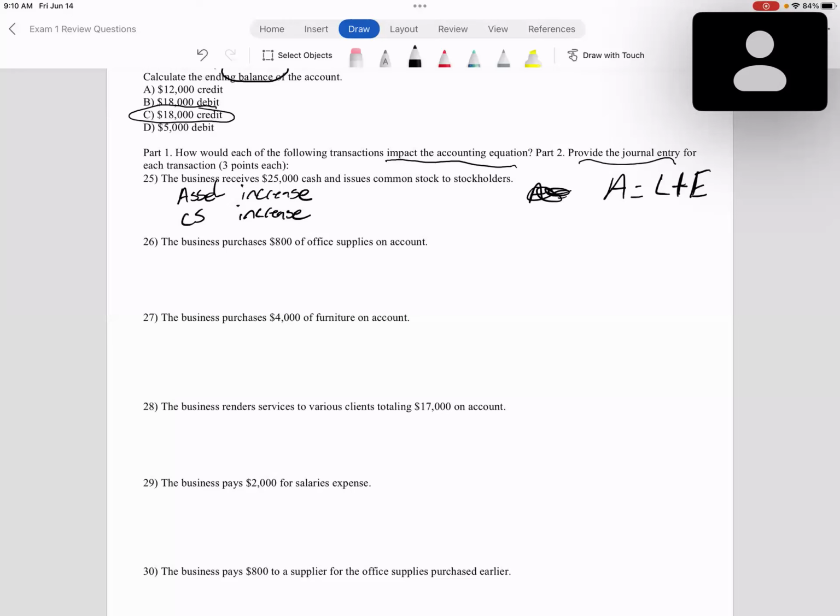And so for this one, you can type in cash, 25,000, and then just indent or slide over, or you could just say credit common stock, $25,000. Okay. So anyways, just make sure you show, I think it'll allow you to indent in the answer, and then you can just type that in.